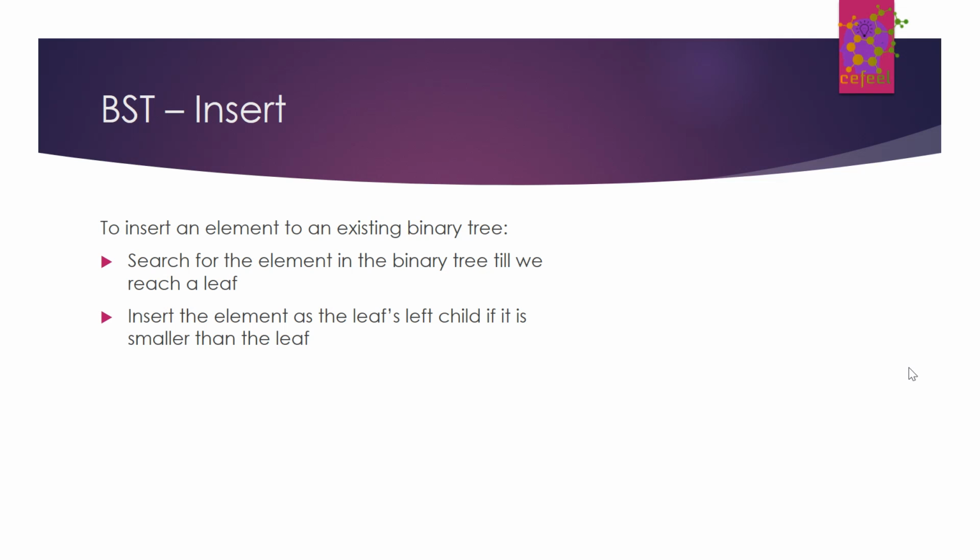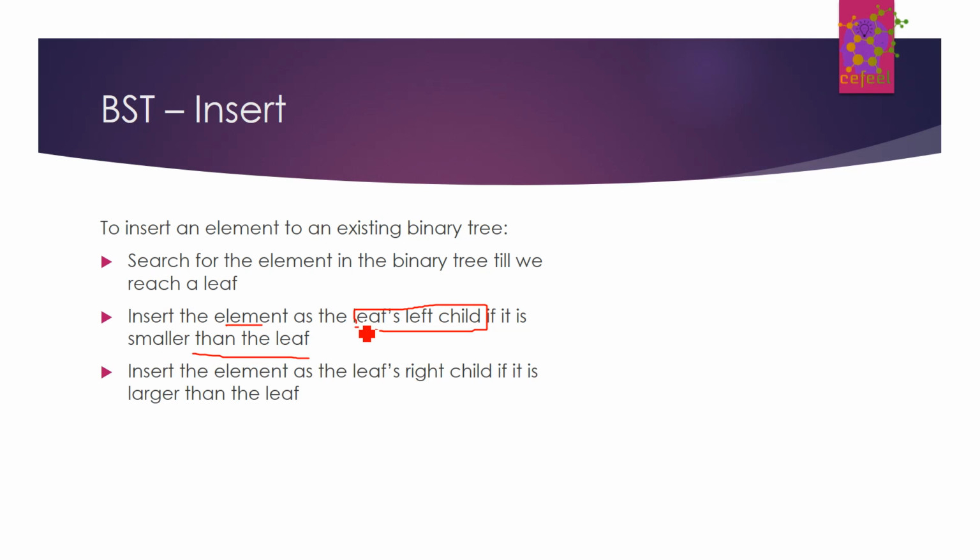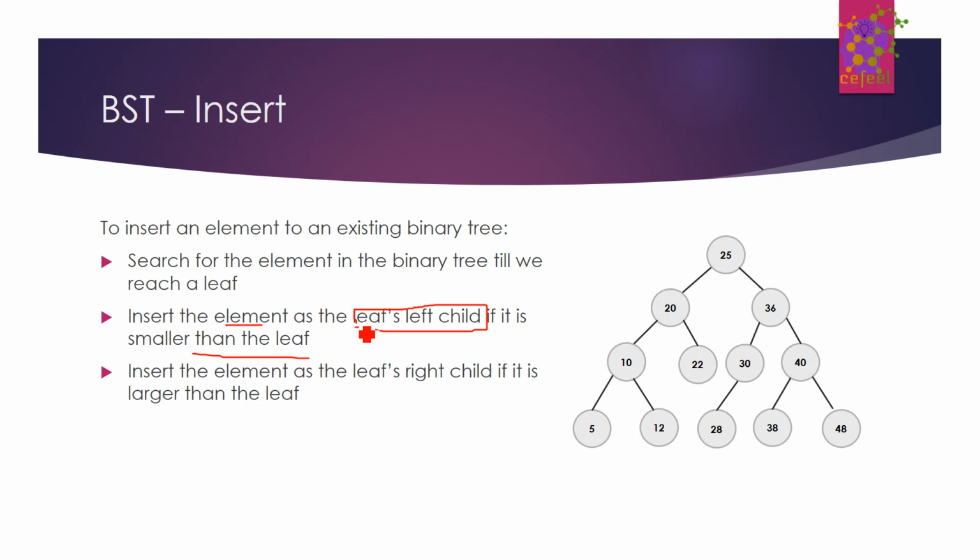So if the element is smaller than the leaf, then we will insert it as the leaf's left child, or we will insert it as the leaf's right child. So this just ensures that the binary search tree property is not invalidated and is still present.